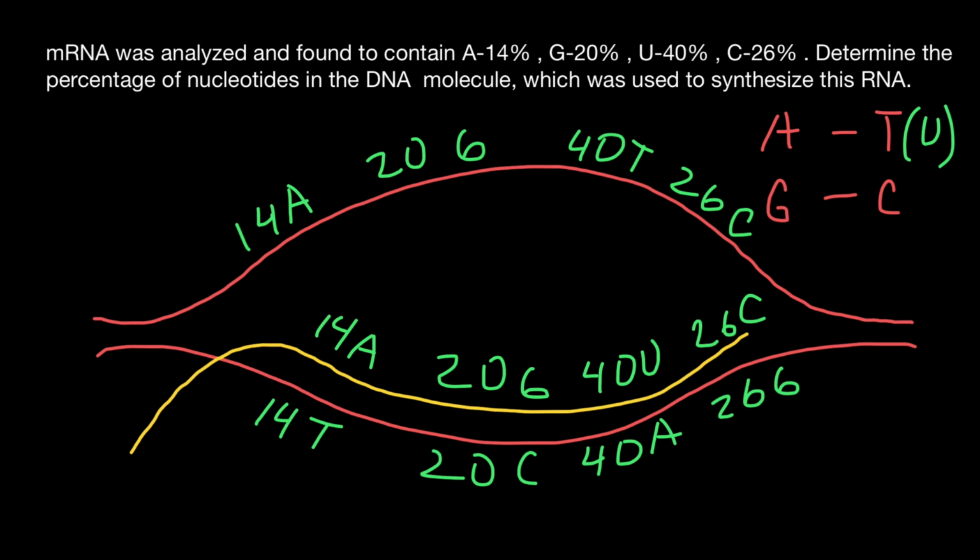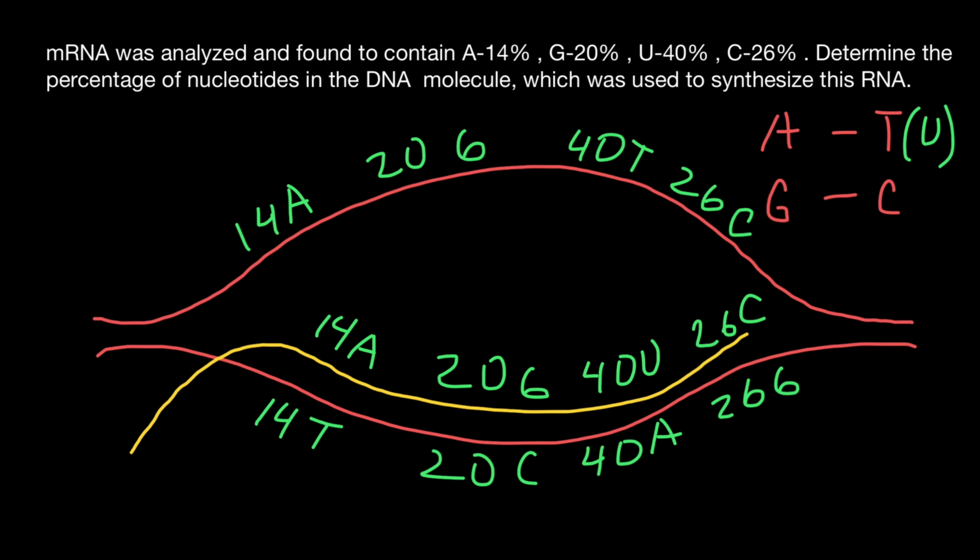Now we have 200 bases, 100 bases on this strand of the DNA, 100 bases on the other strand. Now let's find the frequency of these bases. For example, let's find the frequency of the adenines. 14 adenines on this strand and 40 on the other strand.